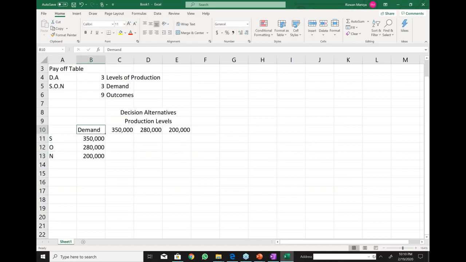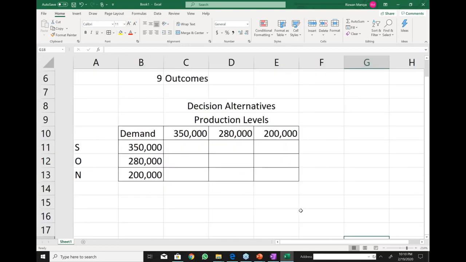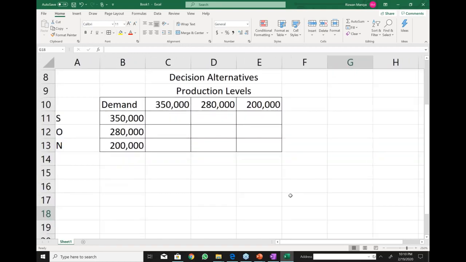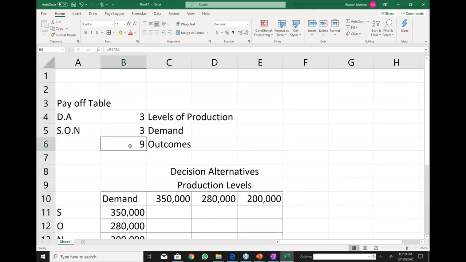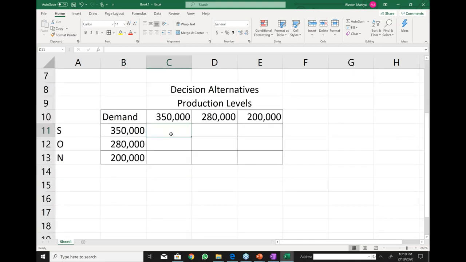Now, if I just give this the look of a table and draw certain lines for you, it looks like a table. And if I zoom in a bit here, that makes more sense now. You can see 9 boxes coming in front of you. As I mentioned, 9 outcomes, so there are 9 boxes, as you can see.